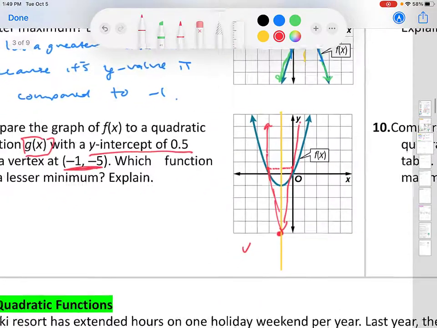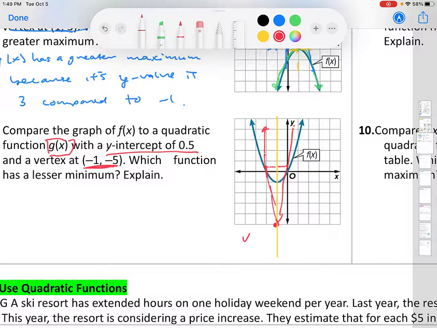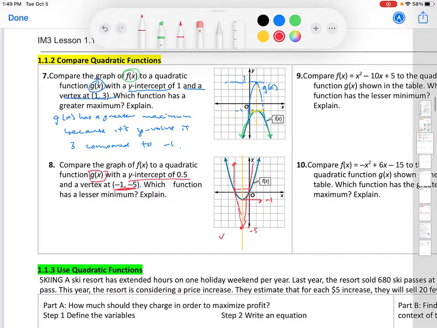So I know my graph is going to do something like this. Okay? Now it says which function has a lesser or smaller minimum. So my minimum here is at 1, 2, 3, 4, 5, and this one is at -1. So which one is smaller?